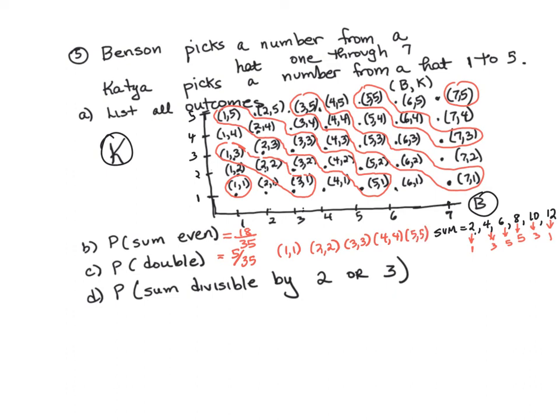Now, the probability that the sum is divisible by 2 or 3 is a little more complicated. We have to see the probability that the sum is divisible by 2, which we already did in part B. That was 18 out of 35. Plus the probability that the sum is divisible by 3.